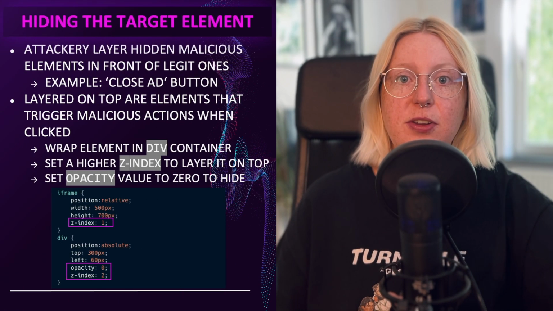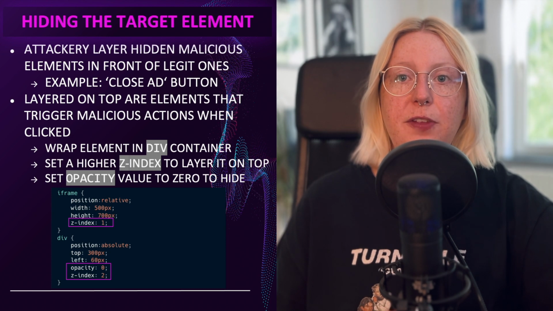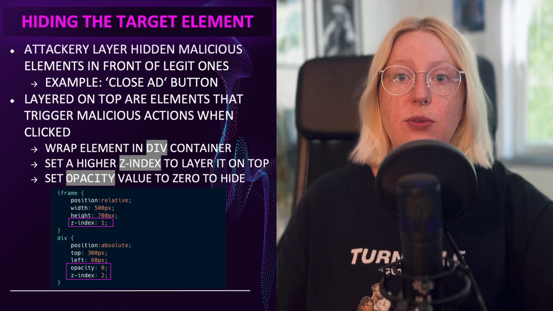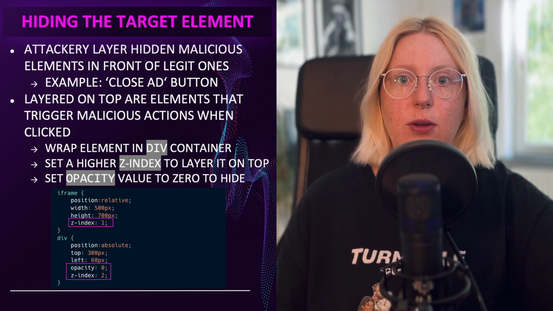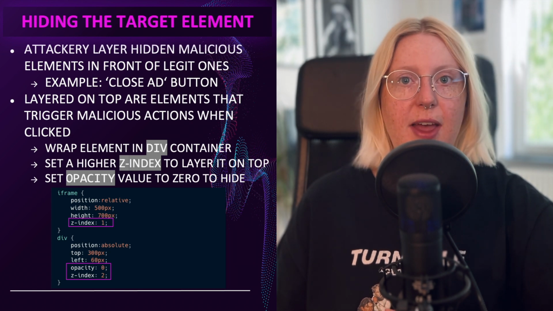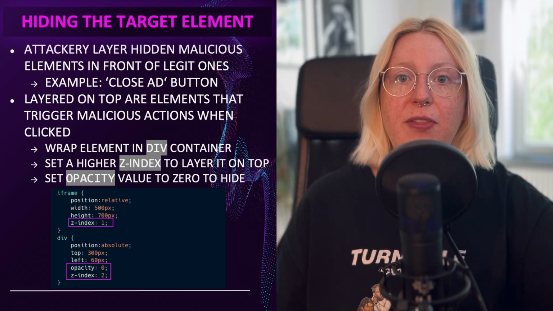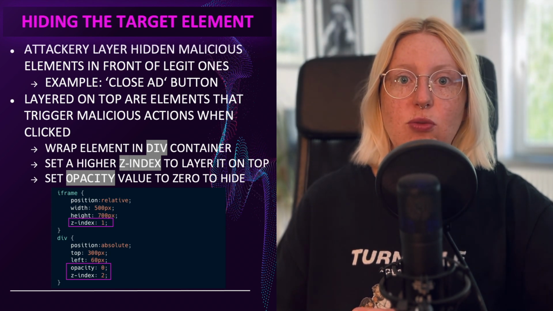As mentioned before, one of the most common ways to perform a clickjacking attack is by hiding the target element. With a few simple CSS attributes, it is very easy for attackers to layer hidden malicious elements in front of seemingly legit elements a user has real interest in interacting with. For example, a Close Ad button. On top of that button, the attacker then adds an element that triggers the malicious action when clicked.